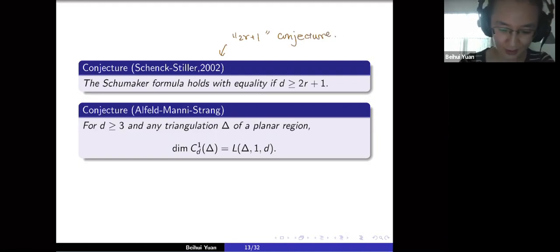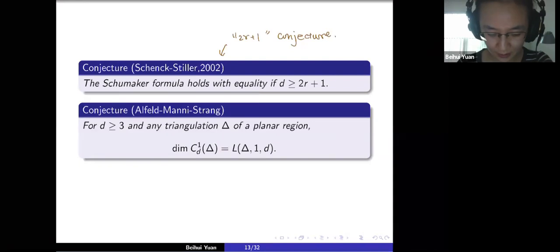And here is another conjecture I mentioned pages before. These three authors conjectured that for R equals 1 and D greater than or equal to 3, this equality holds.